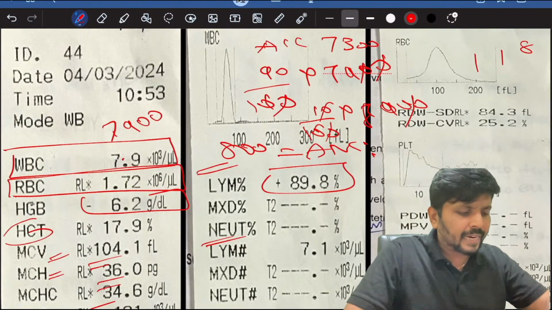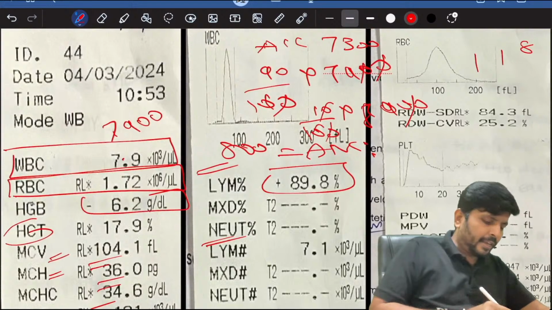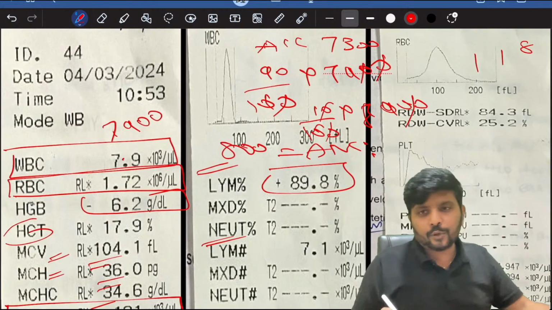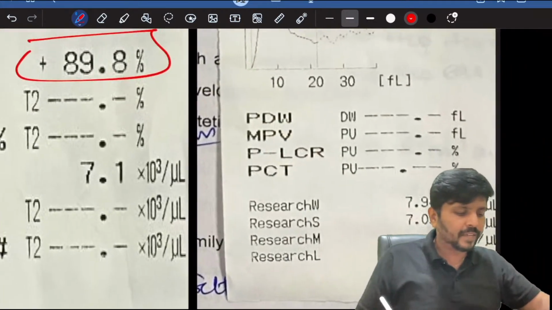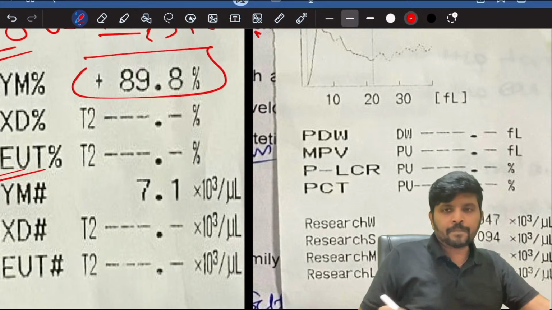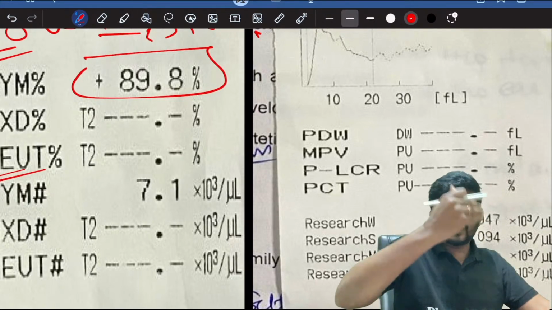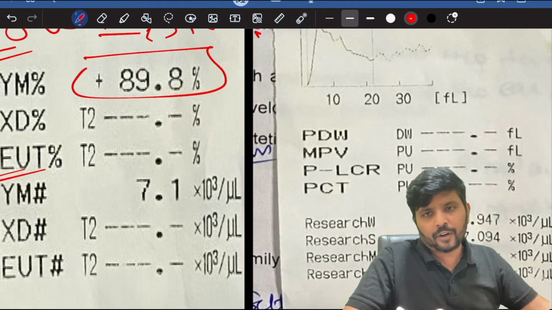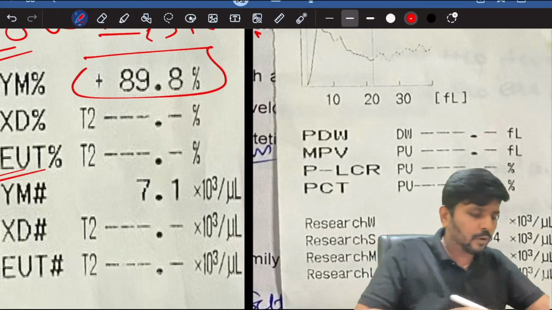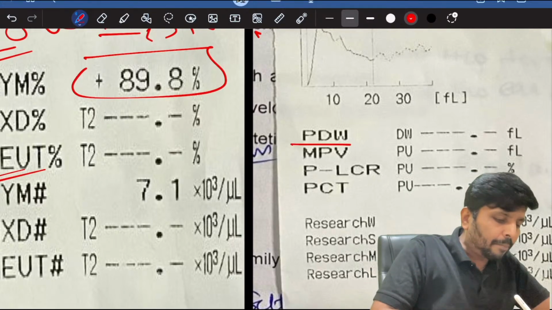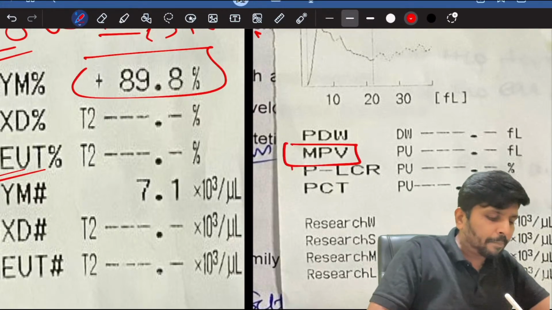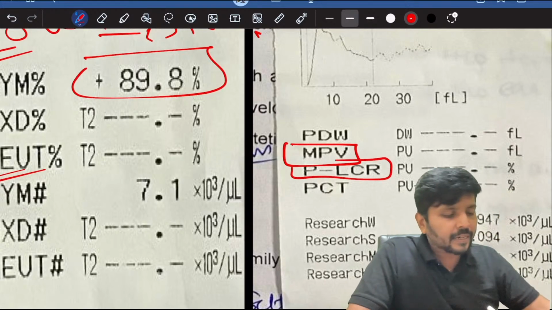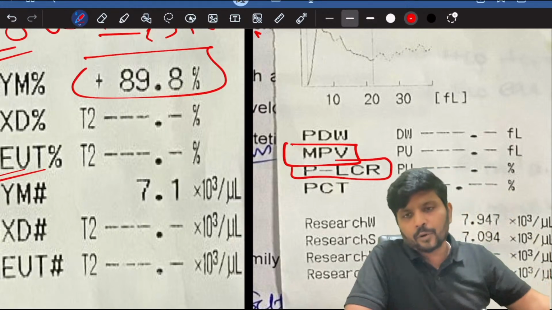Okay, right. And then with respect to platelets, here look at this, platelet 1.2 lakh. Apart from that, there are some other things like your MCV, mean corpuscular volume, or reticulocyte count. For platelets, you can have mean platelet volume and then PLCR, that is platelet ratio. What does reticulocyte count mean?